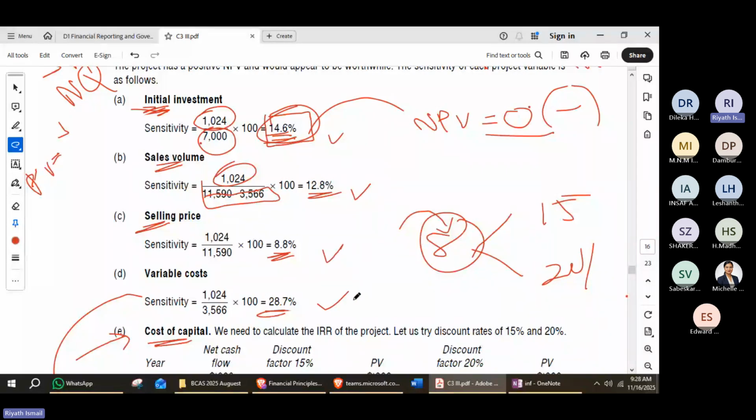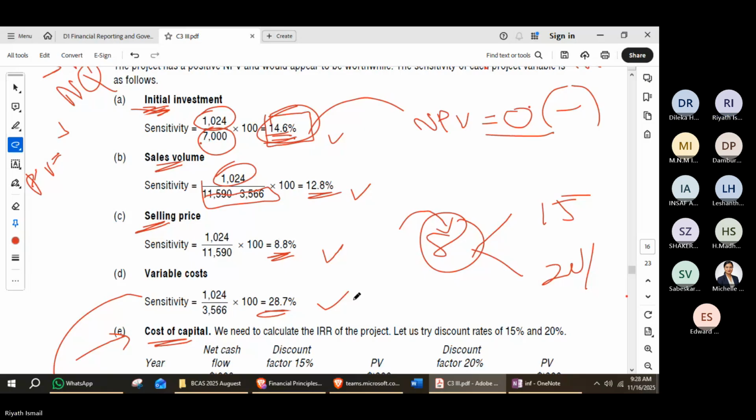So when you look at this, which variable is highly sensitive, which is the critical variable? Initial investment, sales volume, or selling price, or variable cost, or IRR, cost of capital.